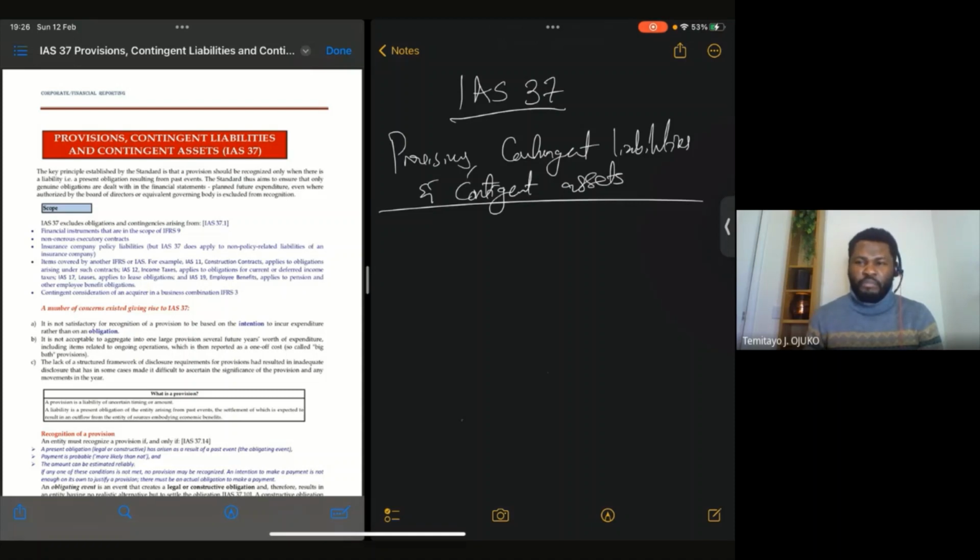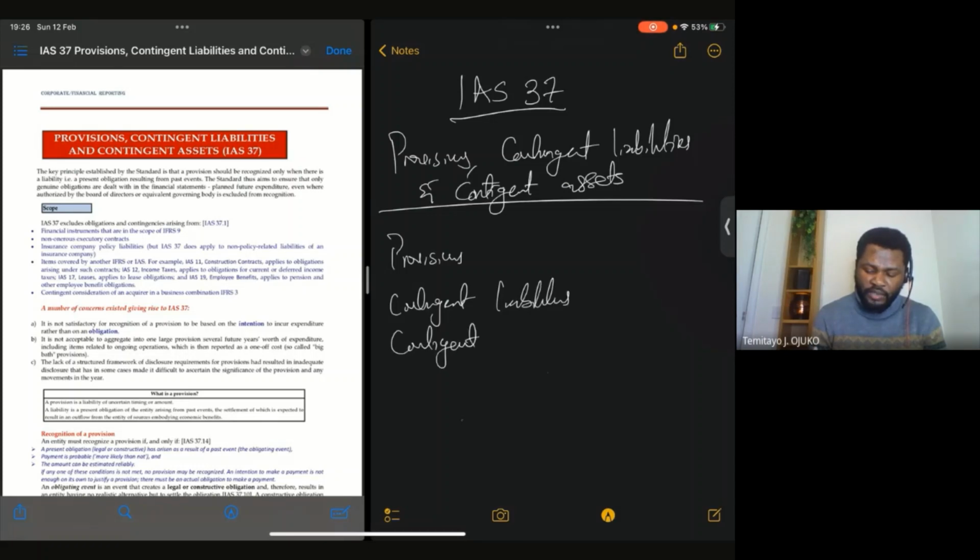What we'll be focusing more on is the three major things, which is the provisions, the contingent liabilities, and contingent assets. And the bulk of it is actually provision. Contingent liability and contingent asset is pretty much straightforward, so we won't really spend a lot of time, but we're going to also deal with that. So let's start with the first part, which is the provision.